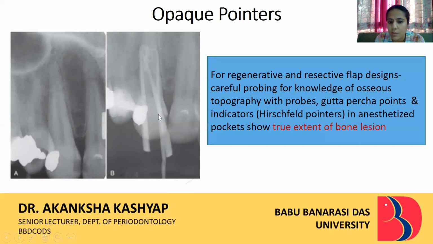Like we can put gutta percha points, or Hirschfeld pointers, which are indicators, through the sulcus in the anesthetized pockets, and then we can take the radiographs. This can actually tell us about the true extent of the bony lesion.